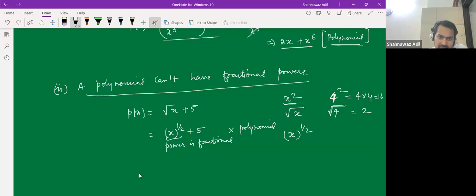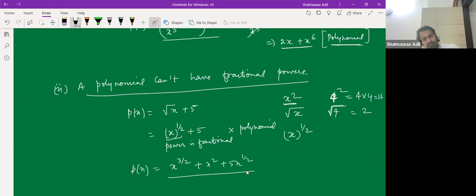If I write a polynomial like x to the power 3 by 2 plus x square plus 5x plus 1 by 2, is this a polynomial? No, sir, because we have a fractional power.